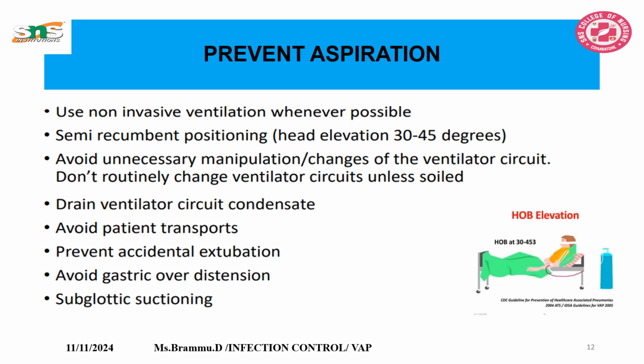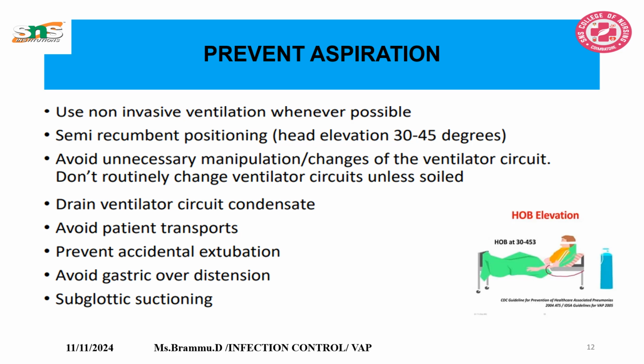To prevent aspiration, non-invasive ventilation can be initiated instead of ET whenever possible. Use a semi-recumbent position, as you can see in the picture, where the head of the bed should be elevated to at least 30 to 45 degrees, and avoid unnecessary manipulation of the ventilator circuit.